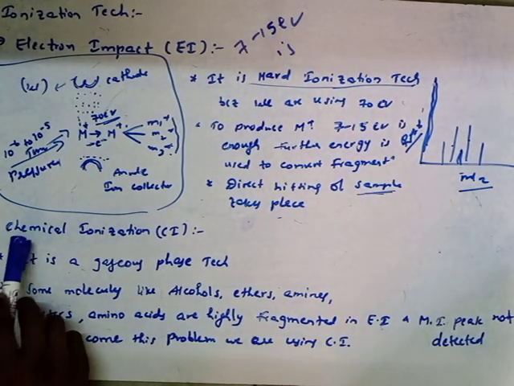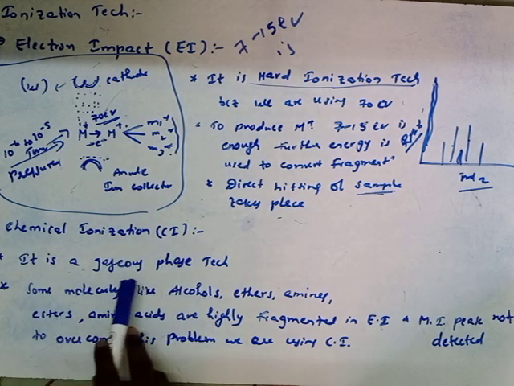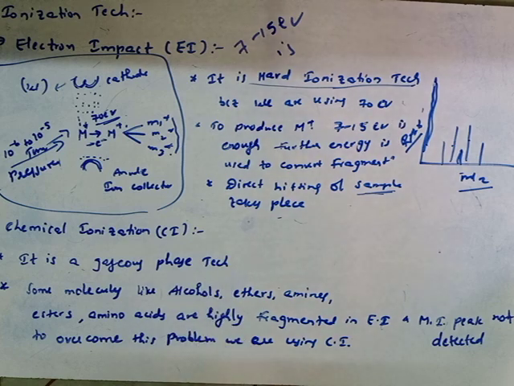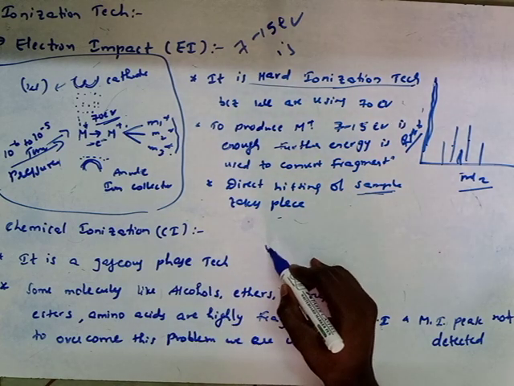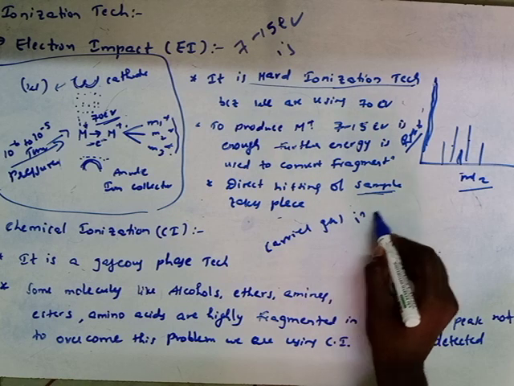The second ionization technique is chemical ionization, and it is a gaseous phase technique. Why? Because in this technique we use a carrier gas in gaseous form.